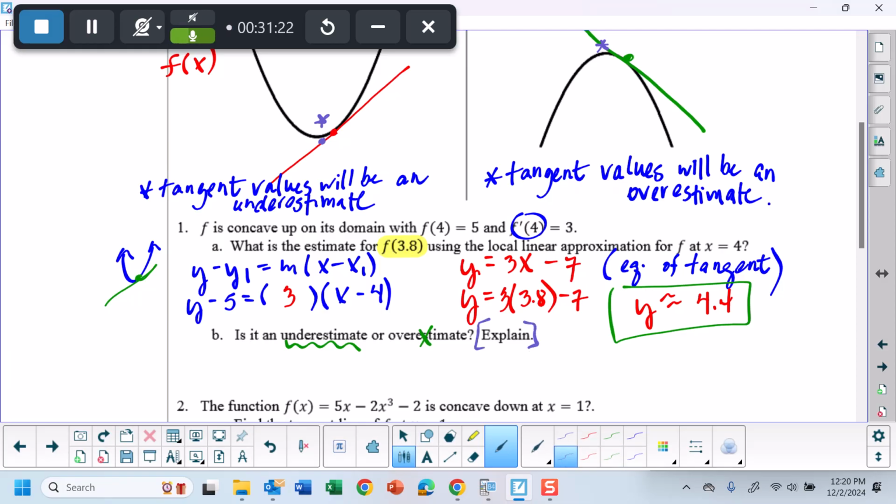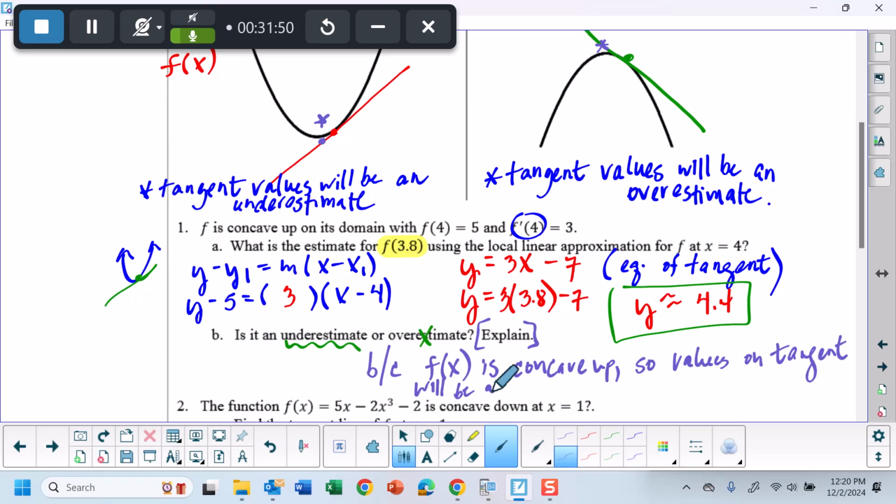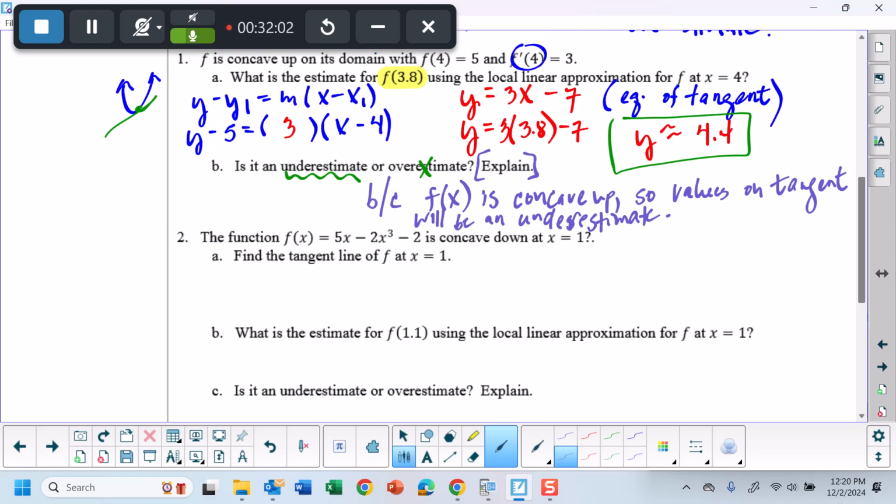They want to hear you say why you think that's true, and you want to make sure that you include a conversation because f of x is concave up, so values on the tangent will be an underestimate. That concavity changes your answer for sure.